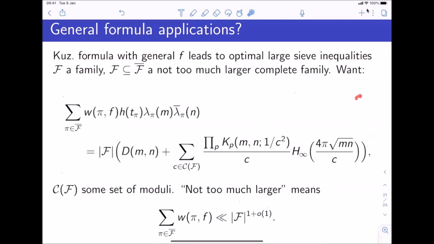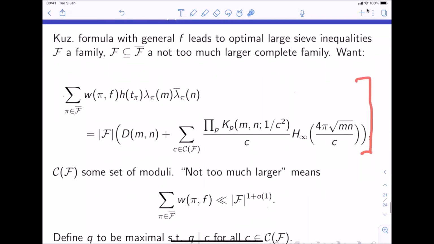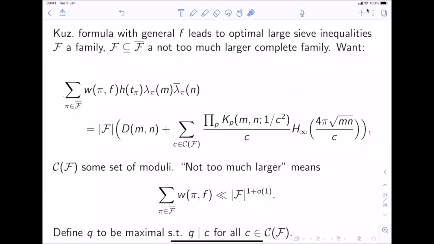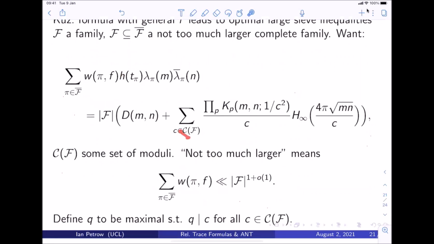Okay, so to get the applications that I'm leading up to here, you need this better, more schematic trace formula. Here, these are Hecke eigenvalues and not Fourier coefficients, and these are some weights. And here I get C_F, which is some set of moduli, which I can't specify without specifying the test function.